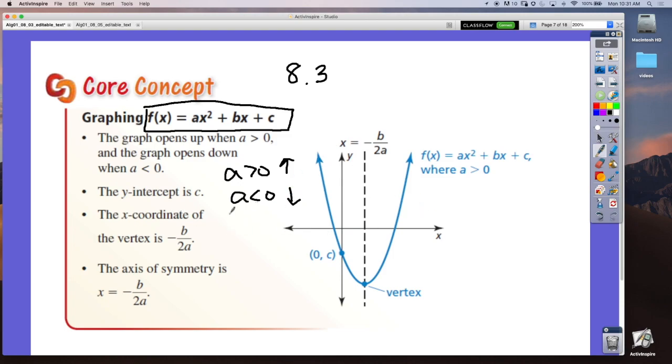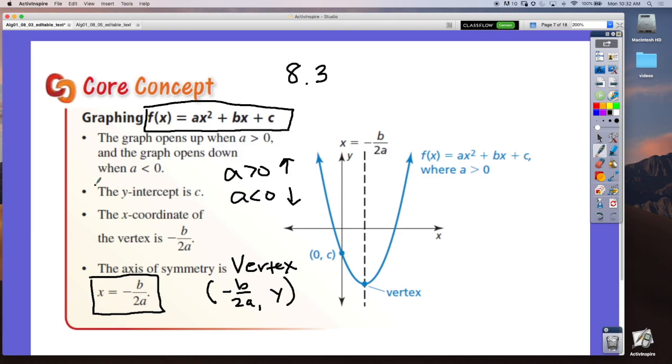Okay, this thing right here gives you the axis of symmetry as well as the x-coordinate of the vertex.